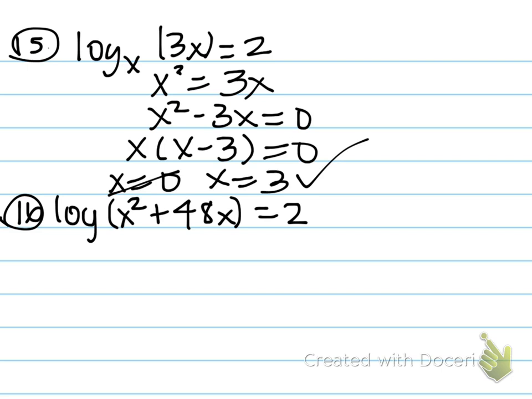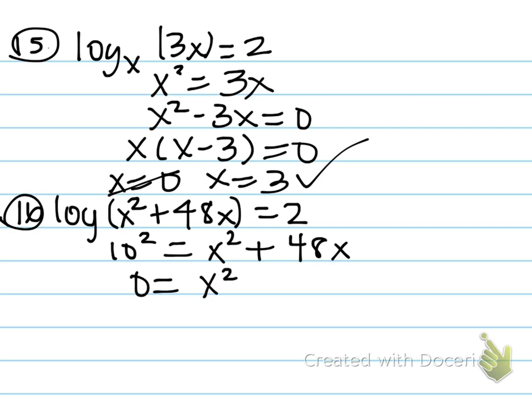Now, last but not least, I have one log on one side and a number, so I know I need to convert. We need to remember that the base here is 10, an understood 10. And we convert, okay? I have an x squared, so I know I need to make it equal 0. And 10 squared is 100. Now I need to multiply to get negative 100 and add to get positive 48.